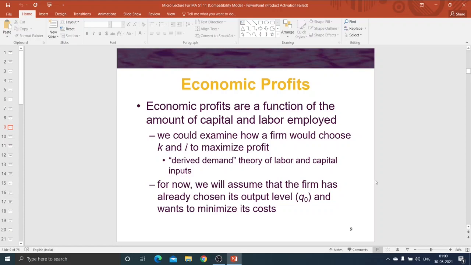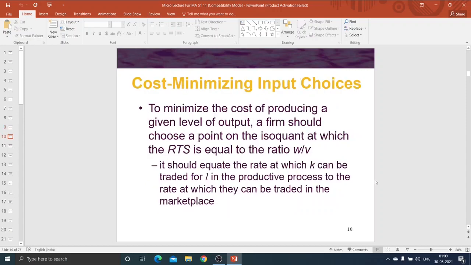For now we will assume that the firm has already chosen its output level Q0 and wants to minimize its cost. To minimize the cost of producing a given level of output, a firm should choose the point on the isoquant at which the RTS is equal to the ratio W by V. It should equate the rate at which K can be traded for L in the productive process to the rate at which they can be traded in the marketplace.